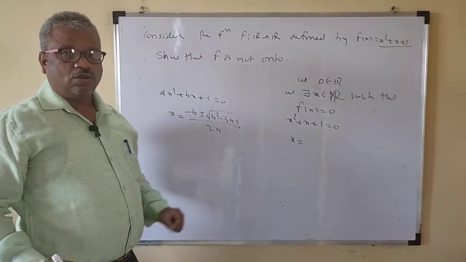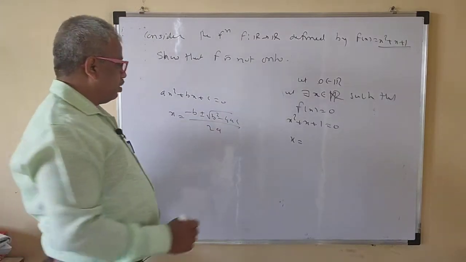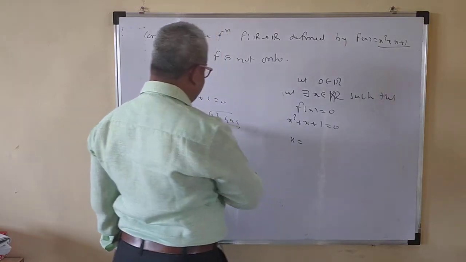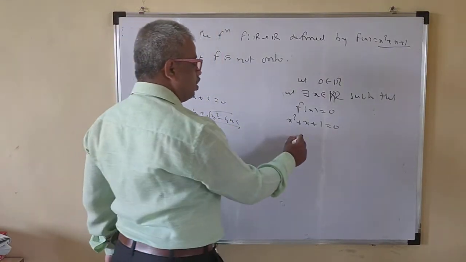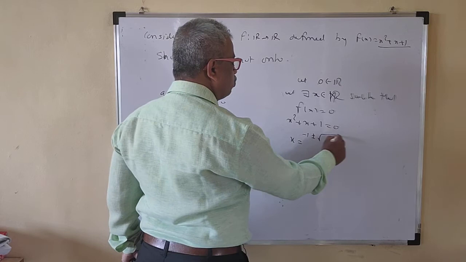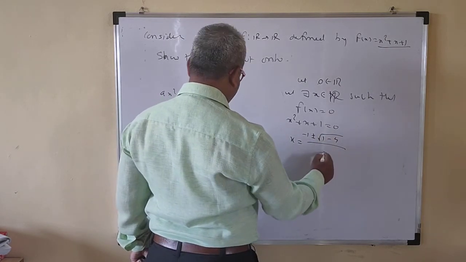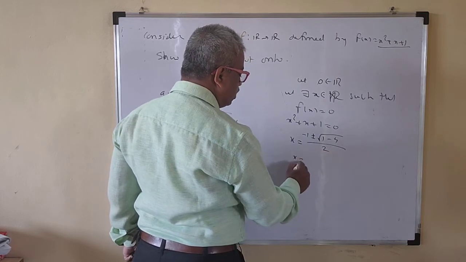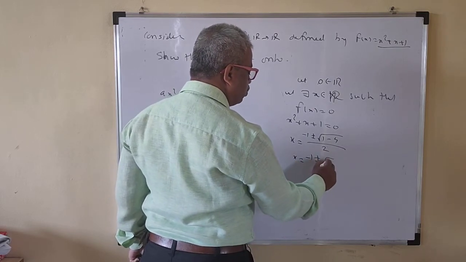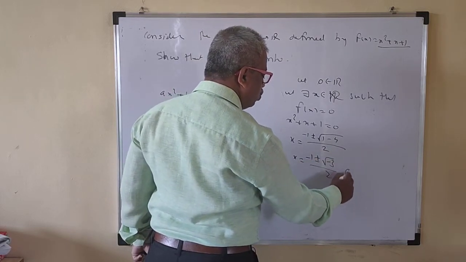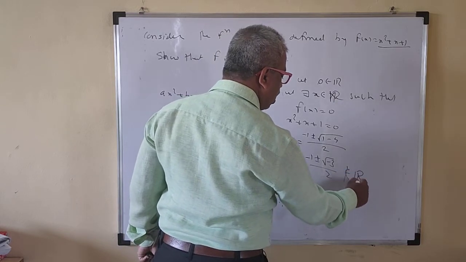This is the formula to find the roots of the quadratic equation. Okay. So now everywhere a, b, c is 1 here. So this is minus 1 plus or minus root of 1 minus 4, upon 2. So x is equal to minus 1 plus or minus root of minus 3 upon 2. So these do not belong to R.